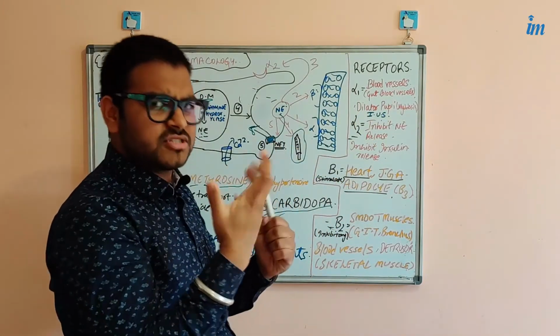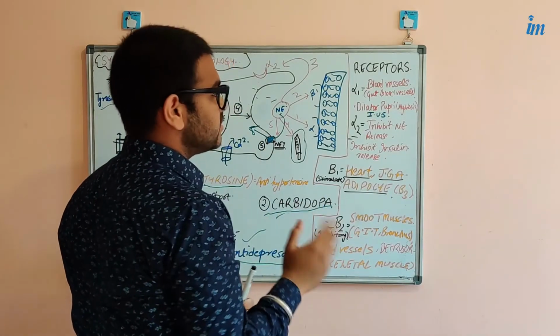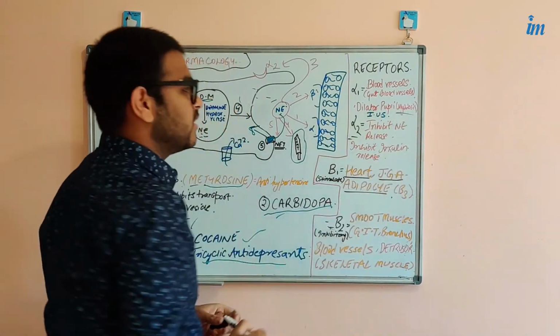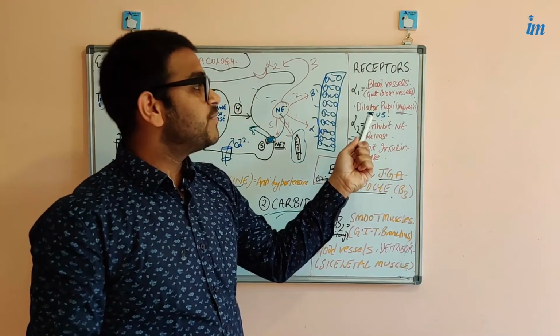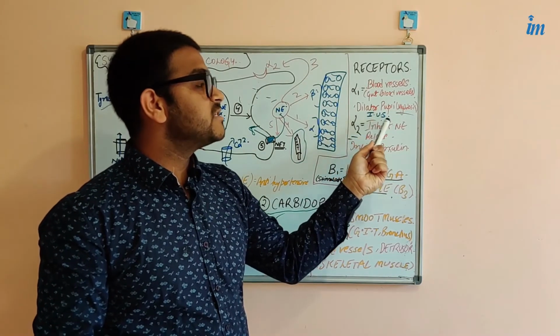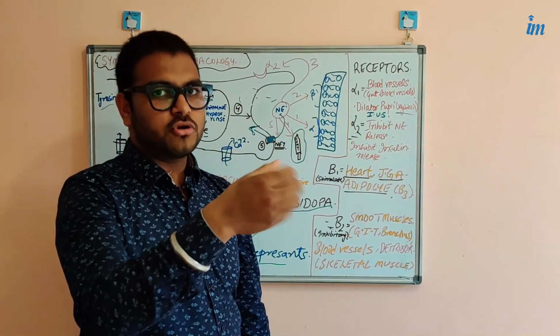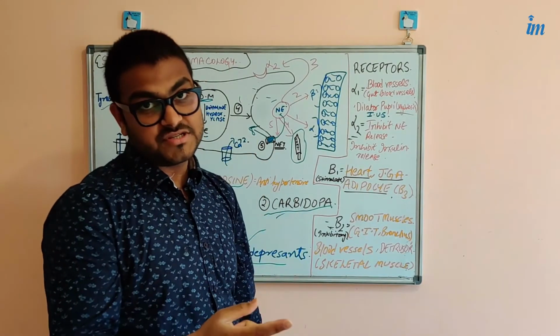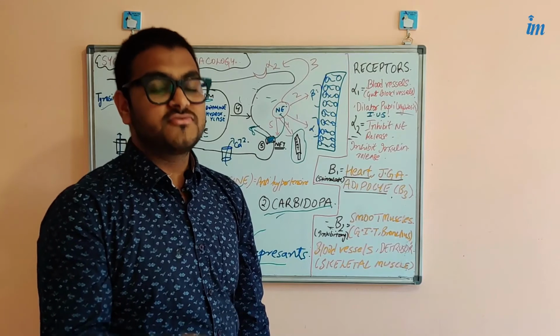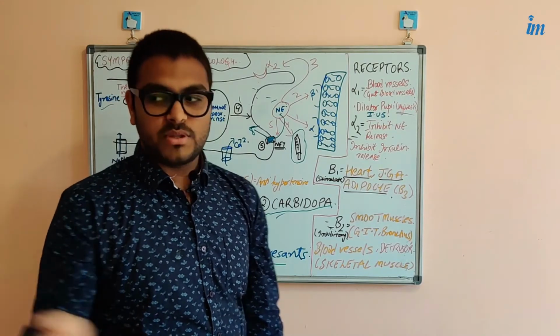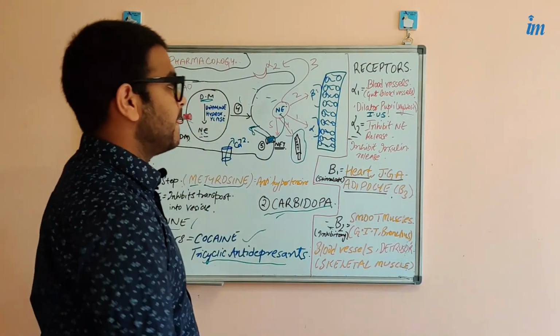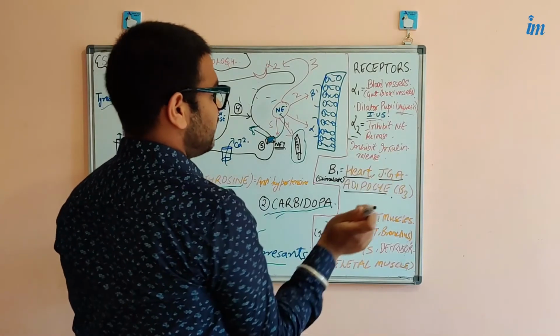Again, contraction, stimulation, causing mydriasis. Alpha 1 is also present in your internal urethral sphincter. You do not want to pass urine, so the sphincter should be closed or constricted, so that you do not pee when the dog is behind you. So alpha 1 we have discussed.